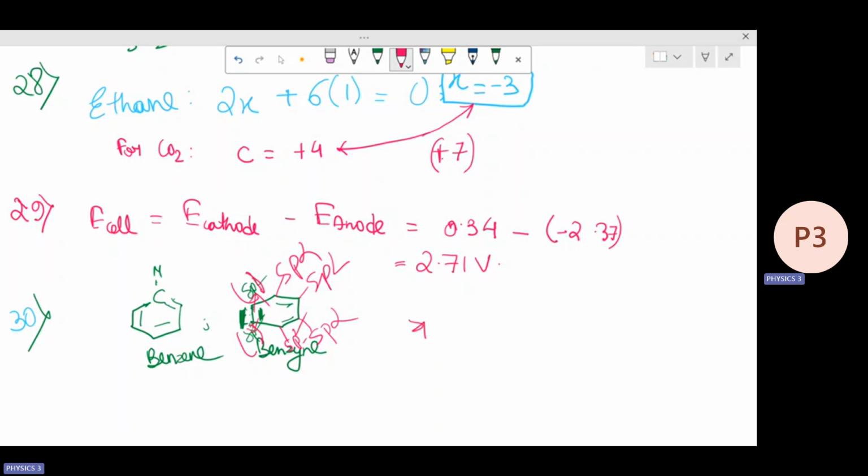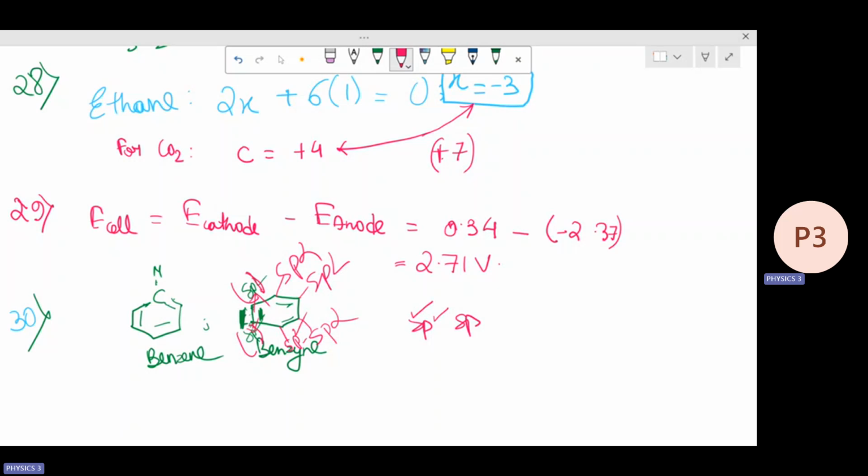So one is sp hybrid, another one is sp hybrid. So one bond is made by s, another bond is made by p. So can I consider the third bond? No. So if the assertion is wrong, the reason is also going to be wrong. So both assertion and reason are incorrect. Is it clear? So it will be option D. Both assertion and reason are incorrect.